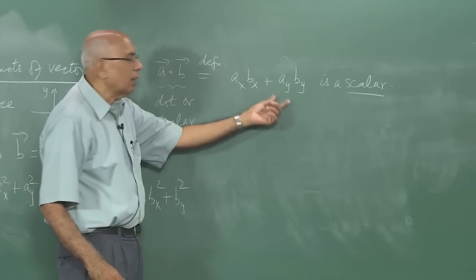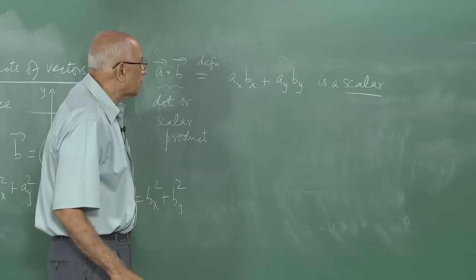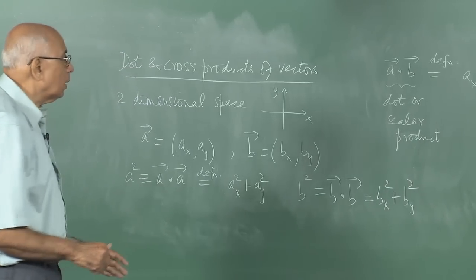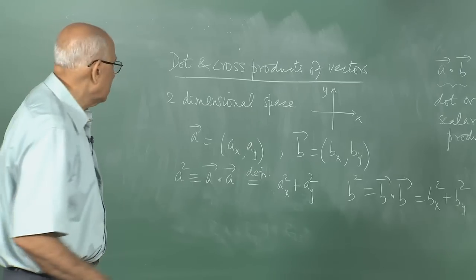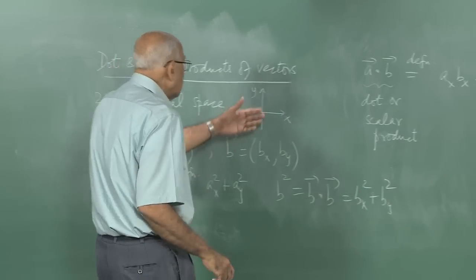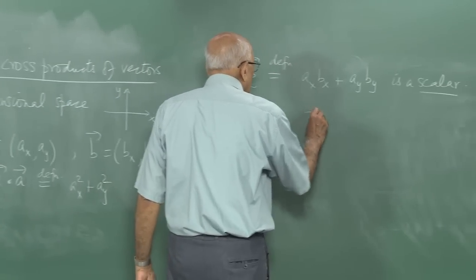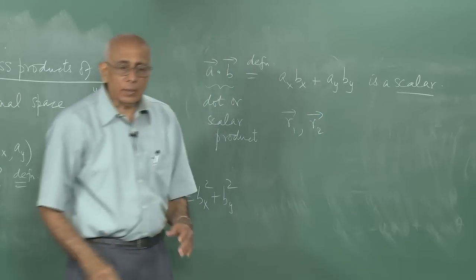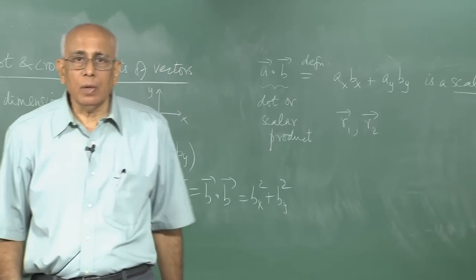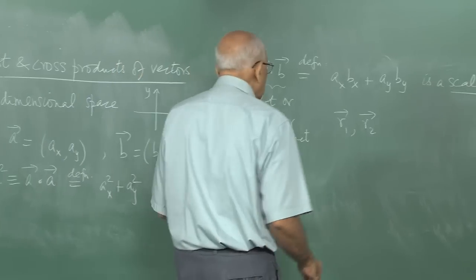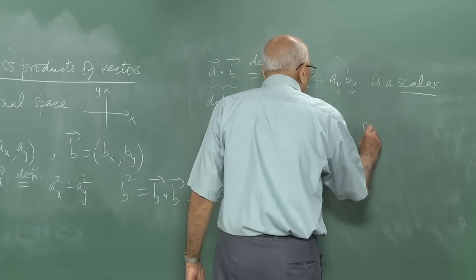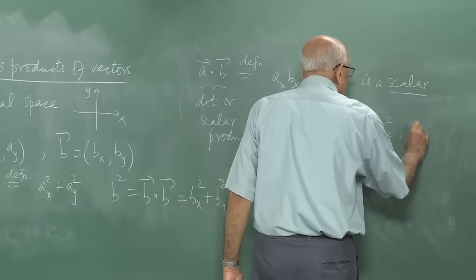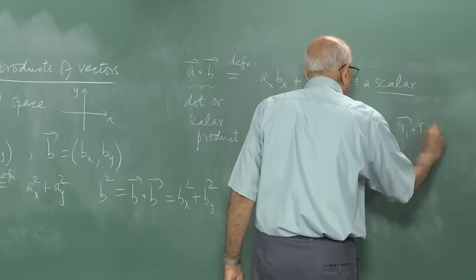So A_x with B_x, A_y with B_y, I sum the two of them, and I get a scalar quantity here. So that is one way of finding a scalar from vectors. Okay. If therefore you had two points in space and one of them had coordinate r1 and the other one had coordinate r2, I could ask, what are all the possible independent scalars, functionally independent scalars, you can form from r1 and r2, and of course they are r1 squared, r2 squared, and r1 dot r2.